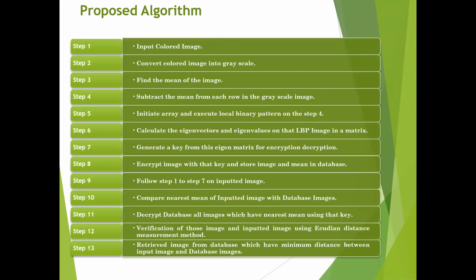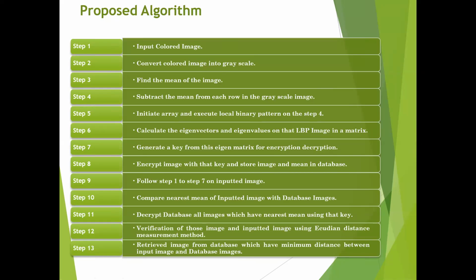Now this is the hybrid algorithm. First you take your color image. Second, we convert that color image into grayscale, because we know that LBP works on the grayscale image. Then we find the mean of the image.